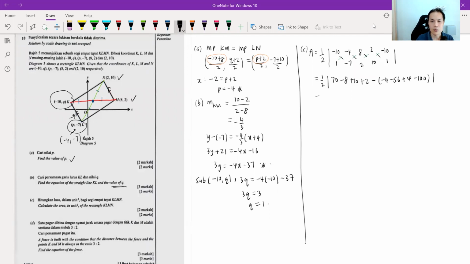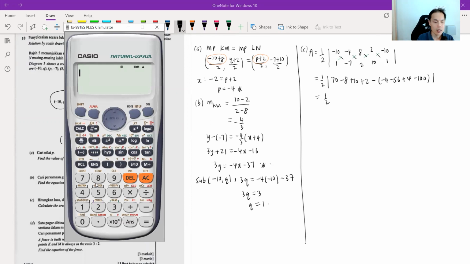All right, I know it's a bit hard to calculate mentally, so we're going to use a calculator. Here we have 70 minus 8 plus 10 plus 2 is 12. Then you minus open bracket minus 60 actually. It's okay, I can just show you one by one. Minus 4 minus 56 plus 4. The 4s cancel each other off. Minus 100. There you go.